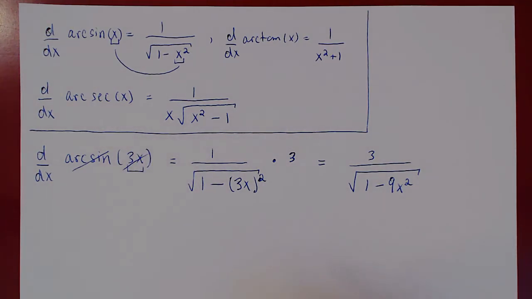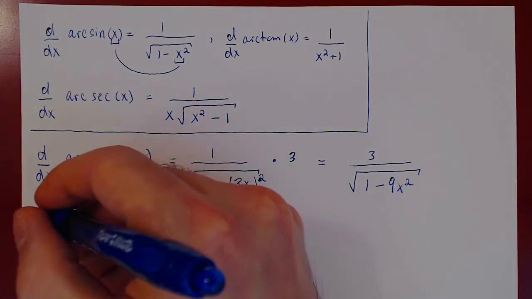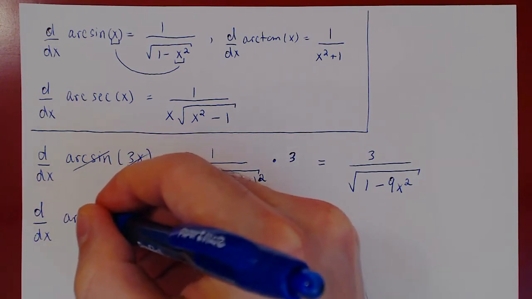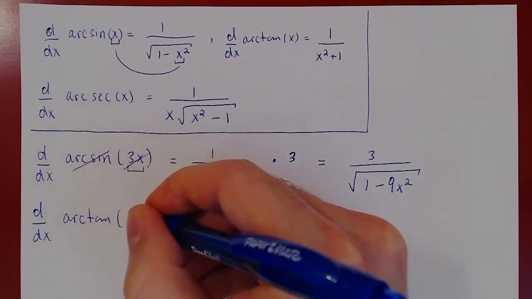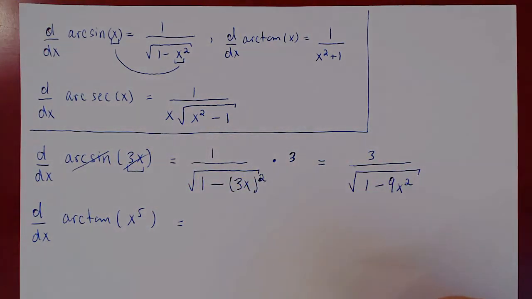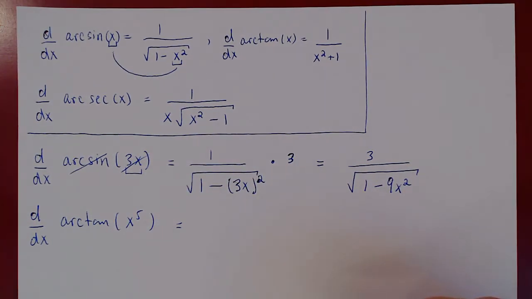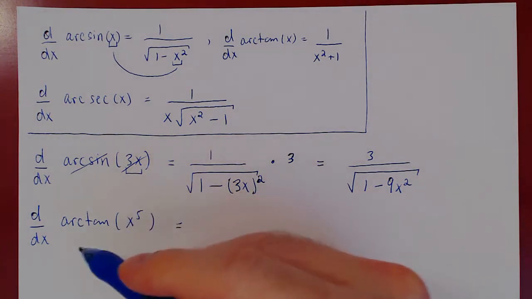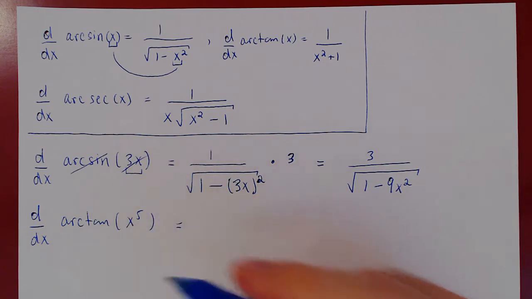Let's go with, say, the derivative of arctangent of x to the 5. So what if we differentiate arctangent of the 5th power of x? Well, once again we have a composition. If I give you an x value, you will first find its 5th power and then take the arctangent of this value.